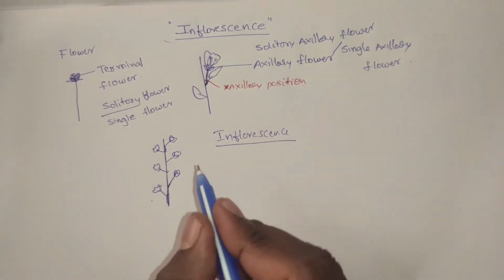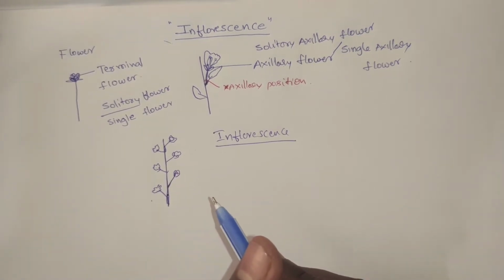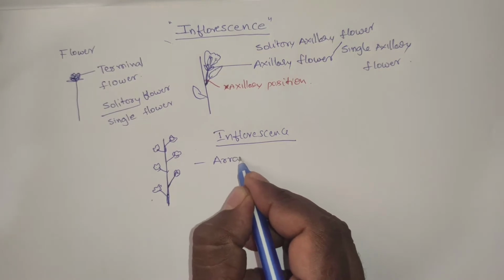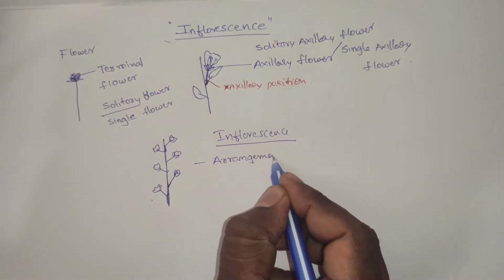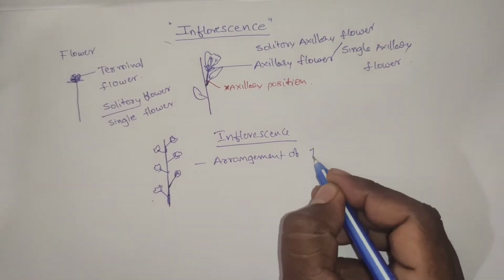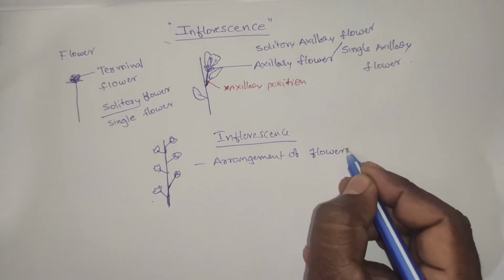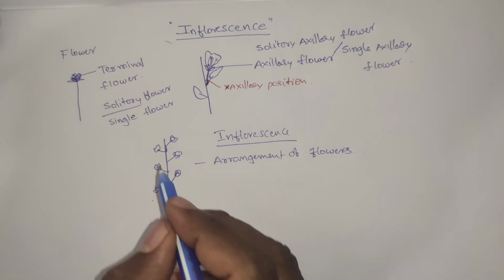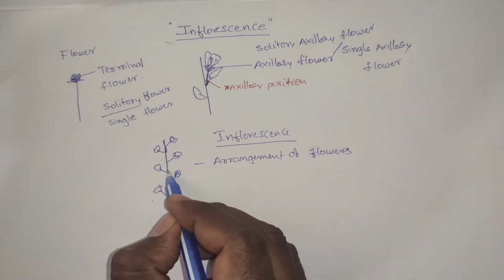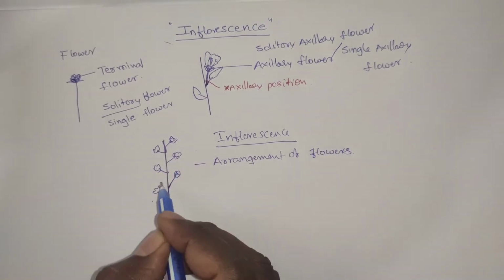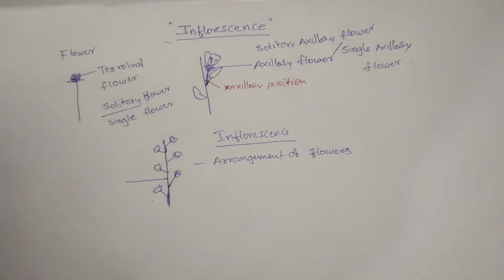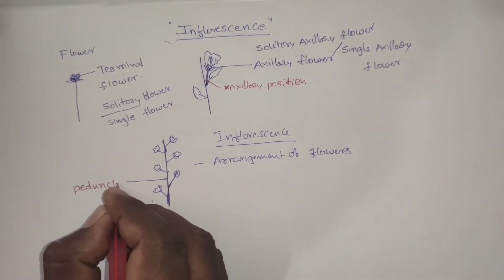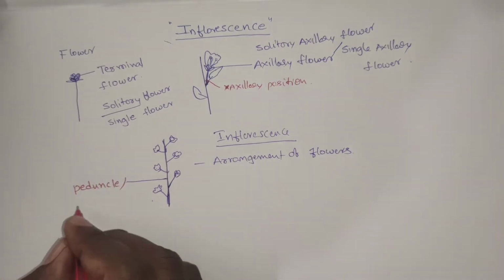Inflorescence, which means we can simply define inflorescence as the arrangement of flowers. Okay, just wait. Arrangement of flowers. And this floral axis generally we can call the peduncle or axis.